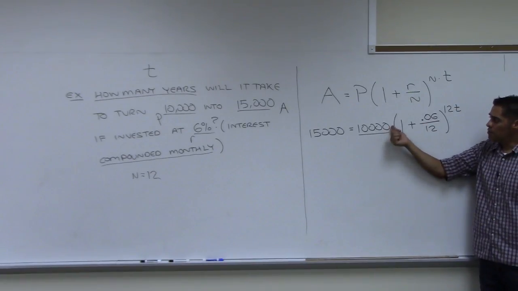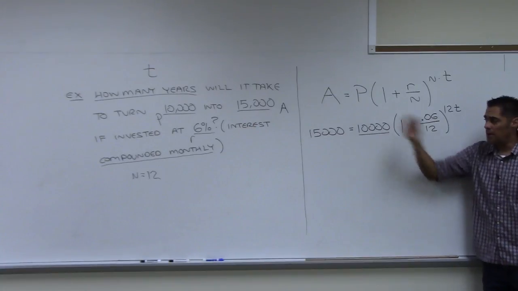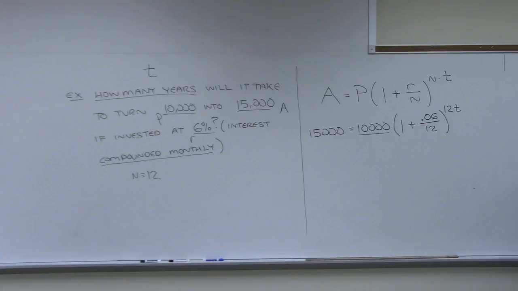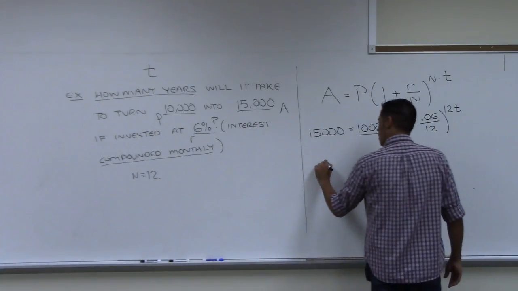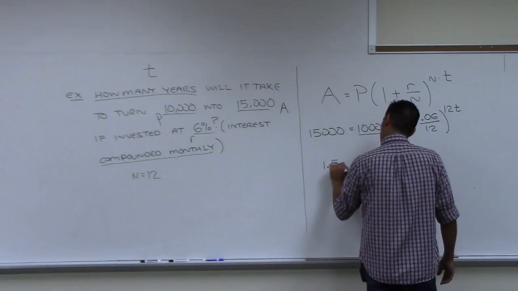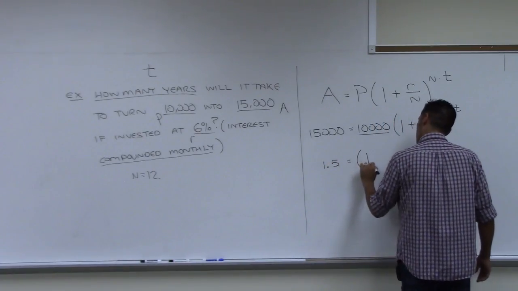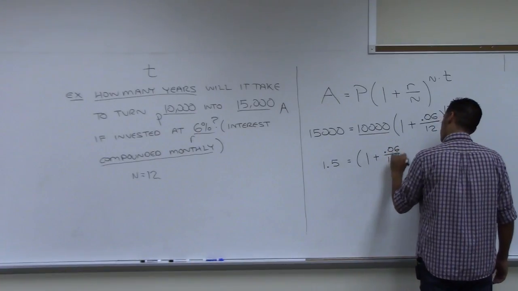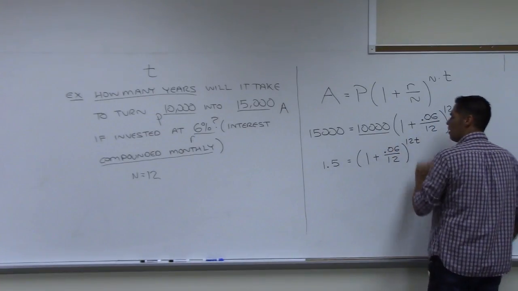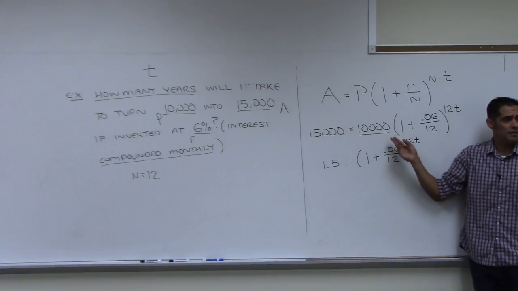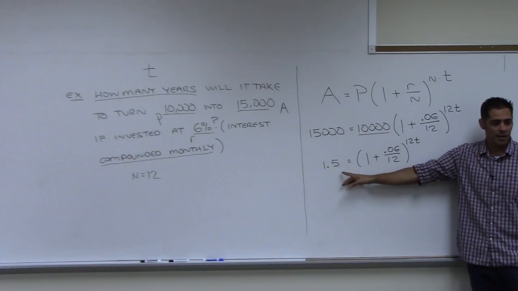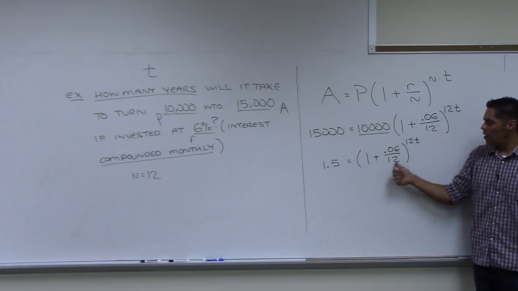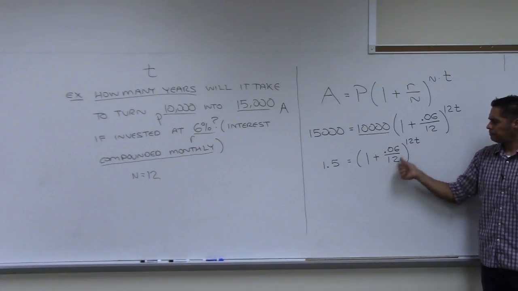Right now that 10,000's got to get to the other side somehow so that we have just this to this. So this is multiplication, divide. Divide both sides by 10,000. And you should get 1.5 equals 1 plus 0.06 over 12 to the 12t. All right, so I divide both sides by 10,000, I get 1.5. Is that okay? Let's go ahead and figure out what this is.